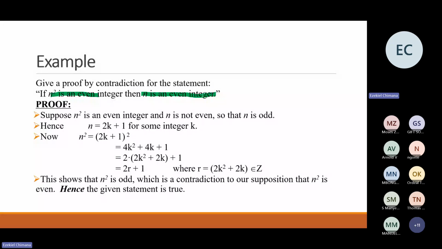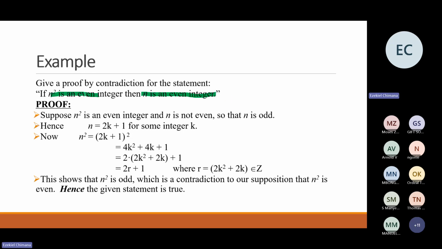Your task is to prove that if n squared is even, then n must also be an even integer. So by contradiction, you need to negate this, and then you see if it is going to lead to a contradiction.